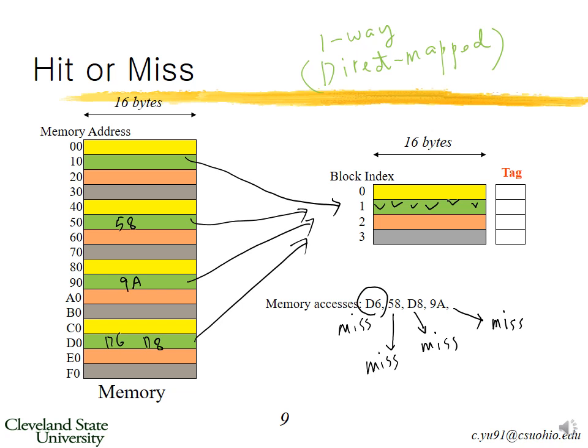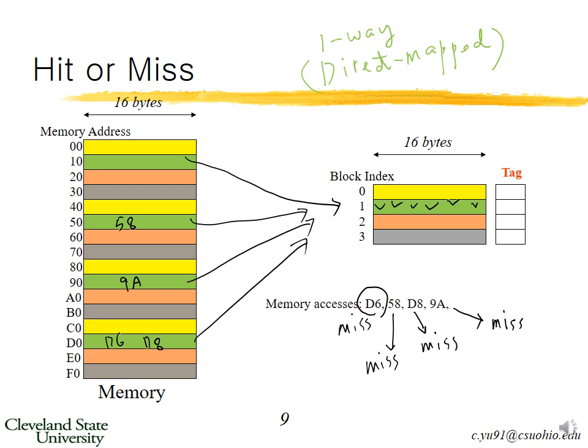This is a one-way or direct mapped cache, meaning that a green colored memory block has only one place in the cache, which is also green colored. There are actually 4 green colored blocks on the left-hand side, and they all try to get into the same block in the cache. For example, D6 is a miss, since the cache is initially empty, and 58, unfortunately, is also a green colored block.